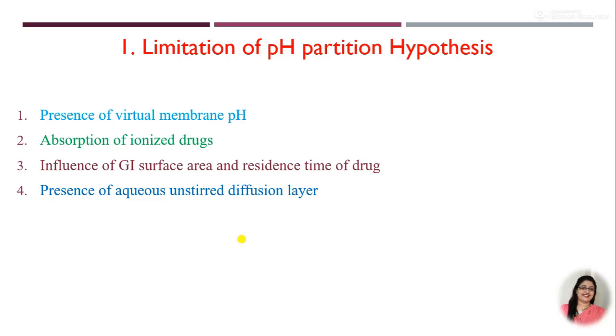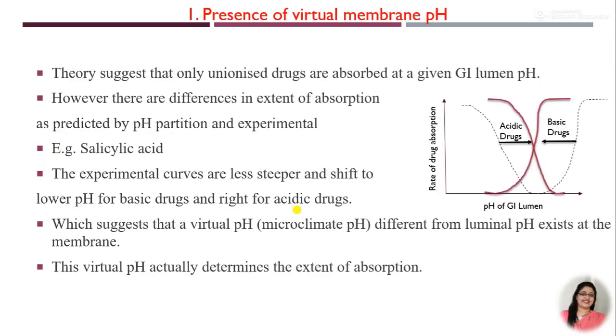The limitations are: presence of a virtual membrane pH, absorption of ionized drug, influence of GI surface area and residence time of the drug, as well as presence of the aqueous unstirred diffusion layer. The first is the pH of the virtual membrane. The pH partition theory suggests that only unionized drugs are absorbed at a given gastrointestinal lumen pH.